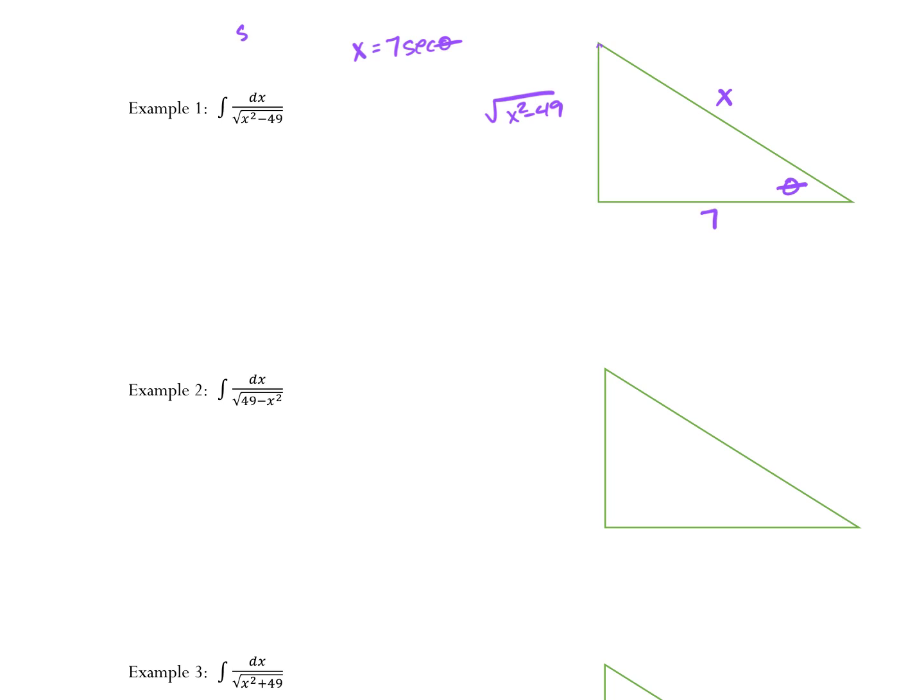Why is secant x over 7? Because if I got this, I would divide both sides by 7. Why do you know that x is the hypotenuse and 7 is the adjacent? Because cosine would be 7 over x. Cosine is adjacent over hypotenuse.